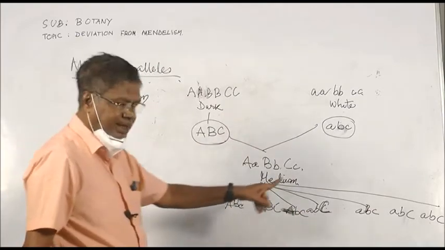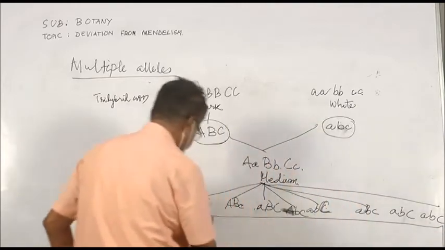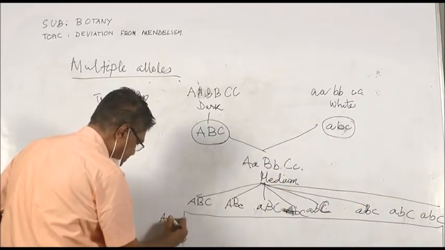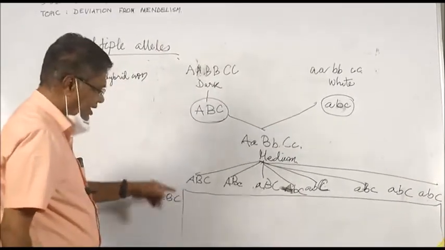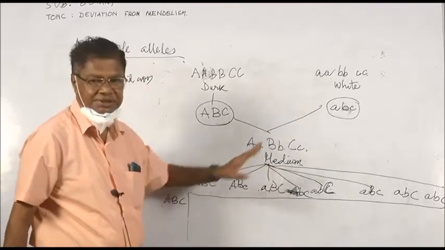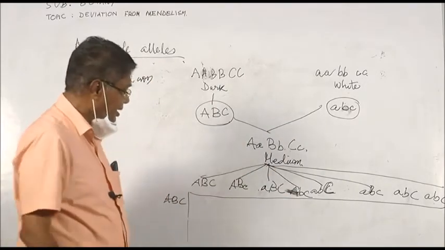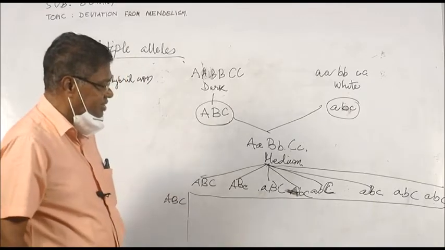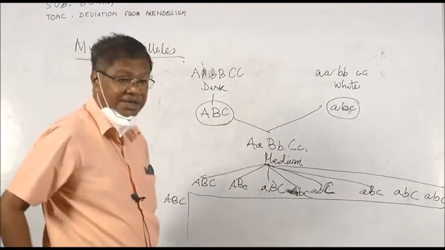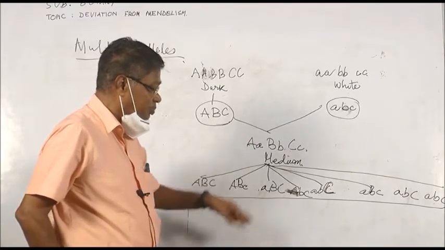Now there are 8. If we find a Punnett square or checkerboard, 8 this side and 8 this side, you will get 64 squares. Total 64 squares. Now out of these 64 squares, we will find what are the possibilities.